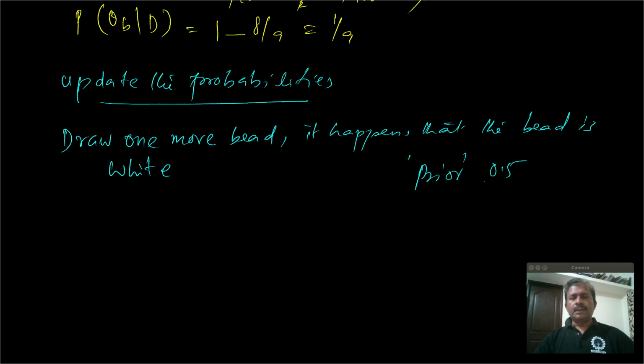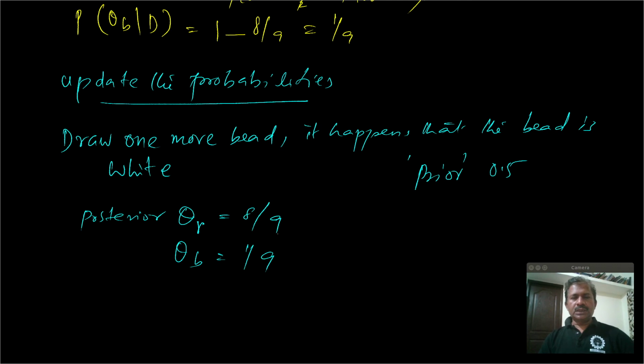These were the prior probabilities of the previous problem, but we computed the posterior probability for picking the 3 beads in a row as 8 by 9 for red, and that of blue was computed as 1 over 9, right?